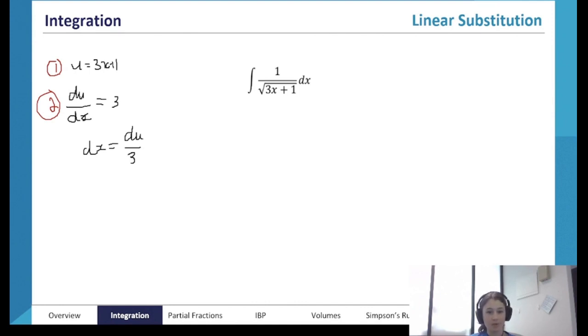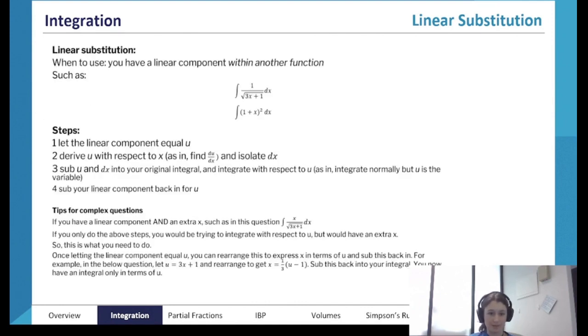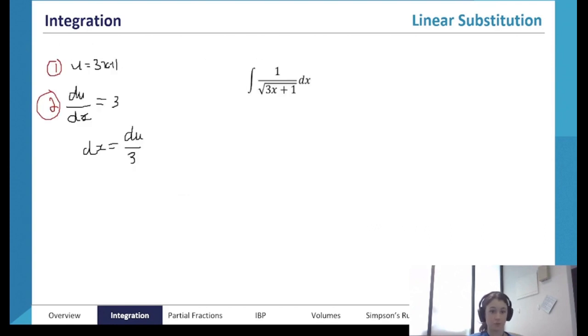Now we're getting onto our next step, which was to sub u and dx into our original integral. So we're going to substitute u equals 3x plus 1 and dx equals du on 3 into our original integral.